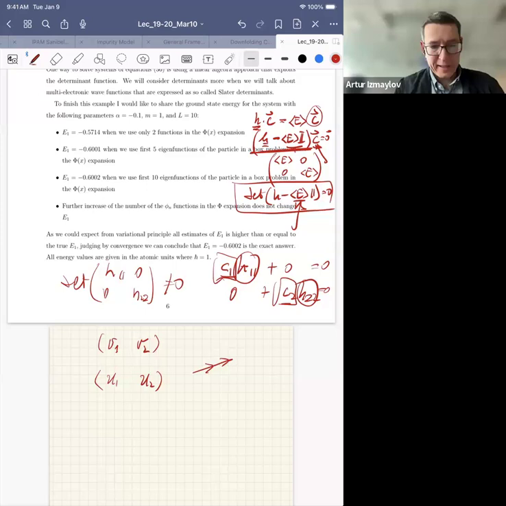They are collinear, or they are like this.